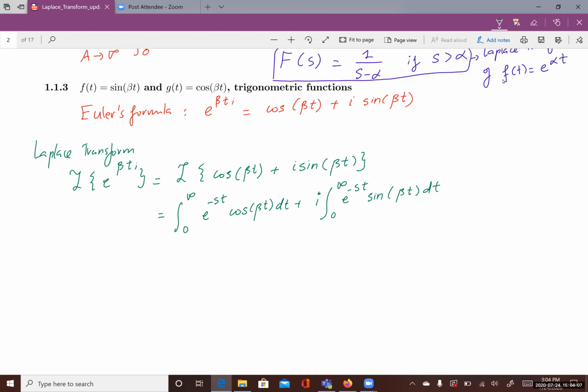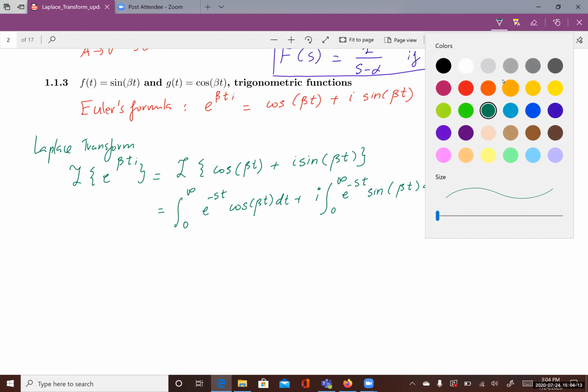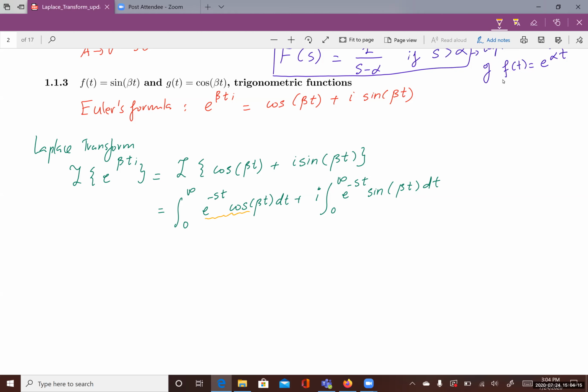Okay. Now you can see that the reason why we're transforming this using Euler's formula is because now we can see this is f of t cosine beta t, and f of t sine beta t here. This is the definition of the Laplace transform of cosine beta t and sine beta t, except for this i. And we're going to learn how to deal with this complex number.